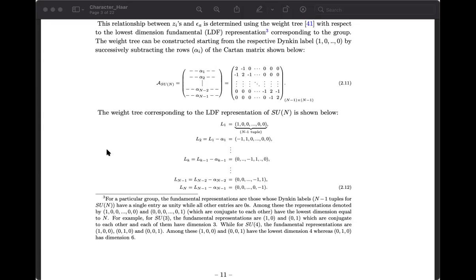If you calculate the rank of that group, you get that many fundamental representations, but out of those there will be one lowest dimensional representation. So that's why you call it the lowest dimensional fundamental representation, LDF.